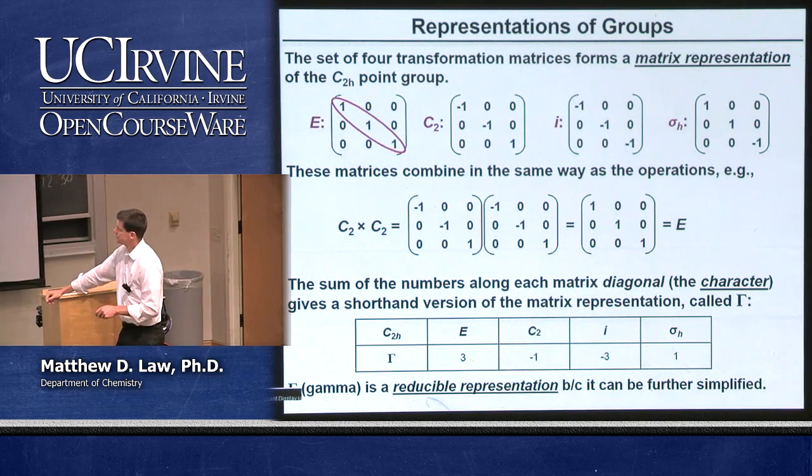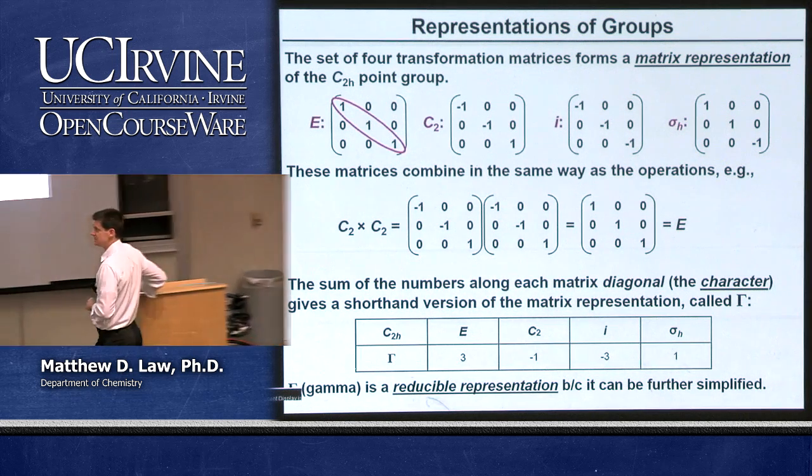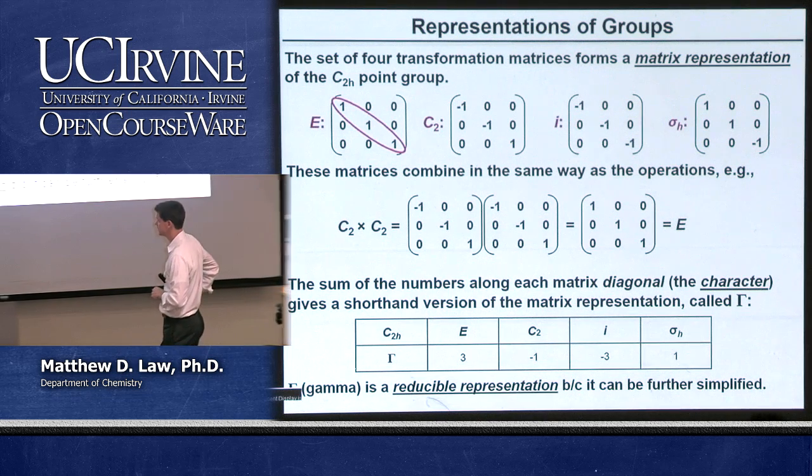This thing here, this list of characters, is called gamma. This is called a reducible representation of the transformation matrices for this point group. It's reducible in the sense that we can divide it into simpler components, as we'll see maybe next time. Okay?